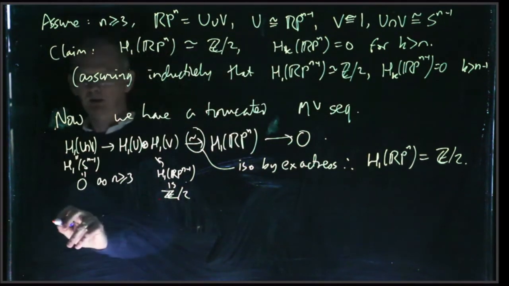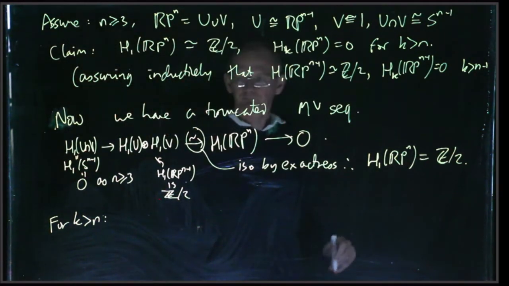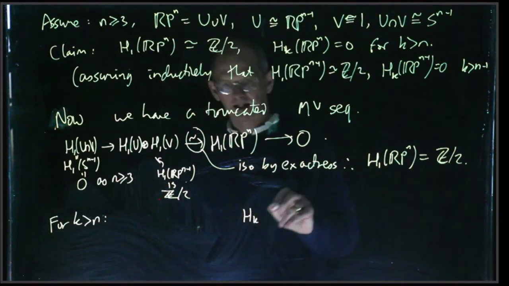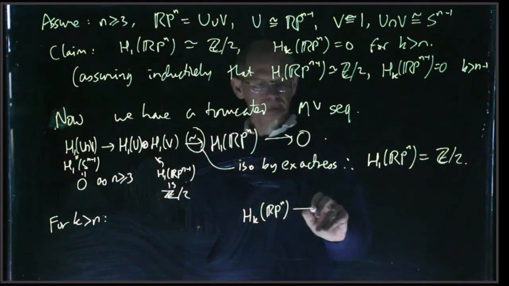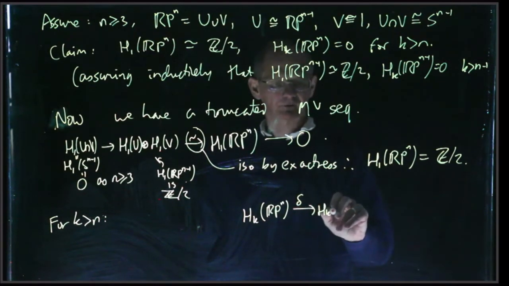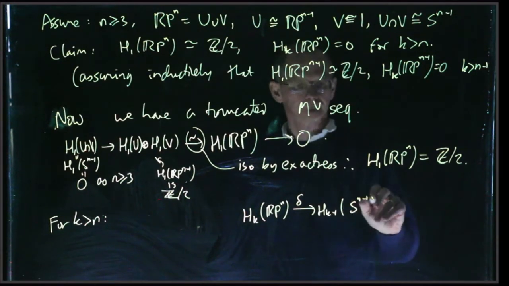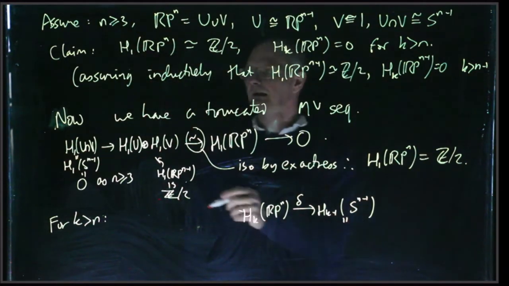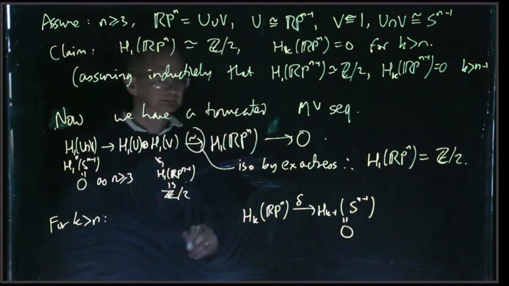And now if we've got k bigger than n, then here we've got our Hk of RPn, and then we've got our delta going to H(k-1) of S^(n-1). Now here k is bigger than n, so k minus 1 is bigger than n minus 1. So we're out of the range where this can have any homology, so we've got a 0 there.